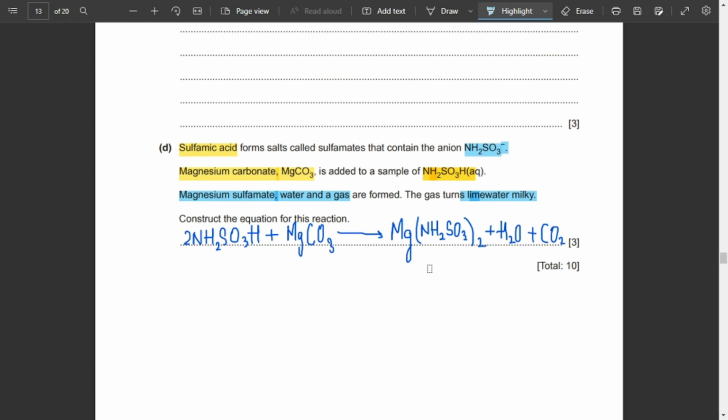Even if you have no idea of how to make a reaction or how to determine the products from the reactants, it is pretty simple because both reactants and the products are given to you. They're literally given to you in the question. The answer is already given. All you need to do is a bit of balancing, which is also pretty easy, and identifying the gas. That is, the gas that turns lime water milky is carbon dioxide. Alright, so that's it for this question.